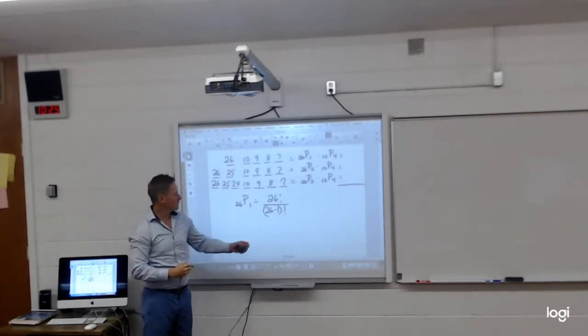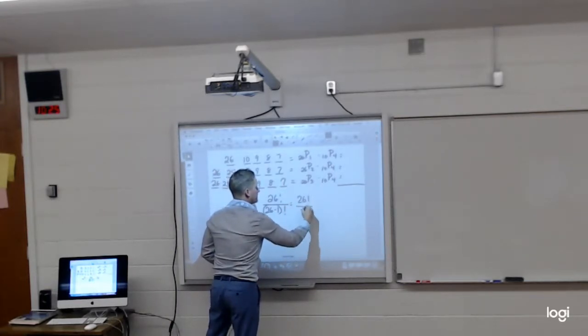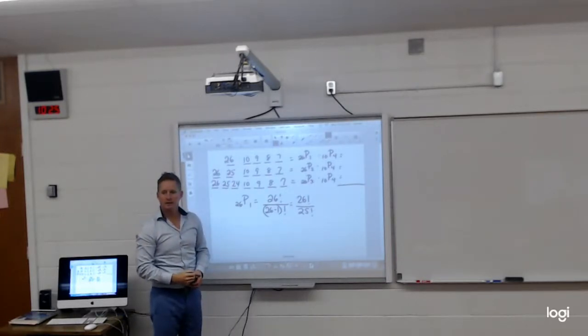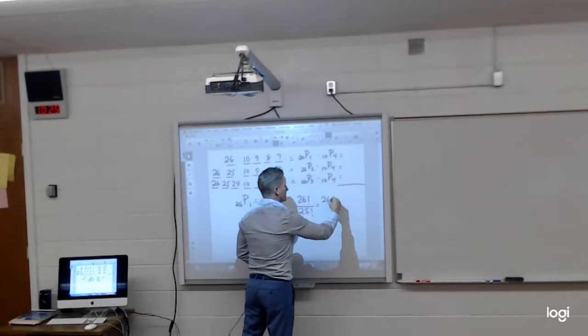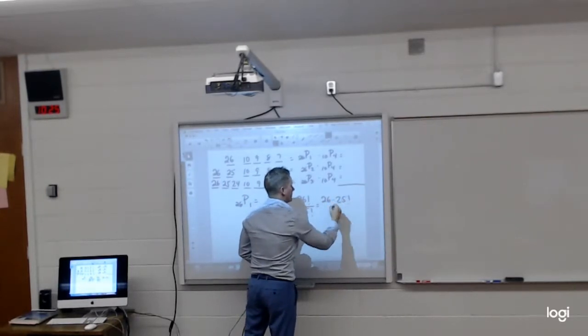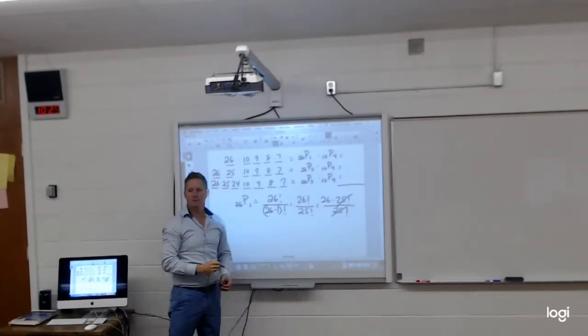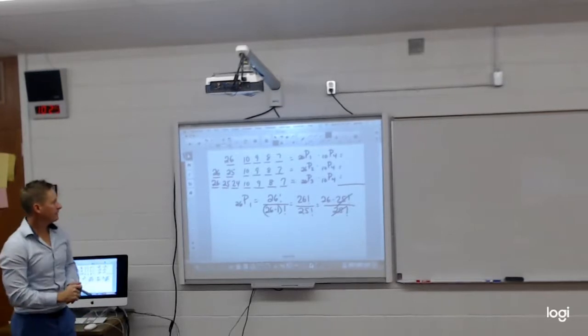What's 26 subtract 1? 25. So I have 26 factorial over 25 factorial. If I expand 26 factorial, that's 26 times 25 factorial over 25 factorial, and those would cancel. So I end up with just 26. Okay?